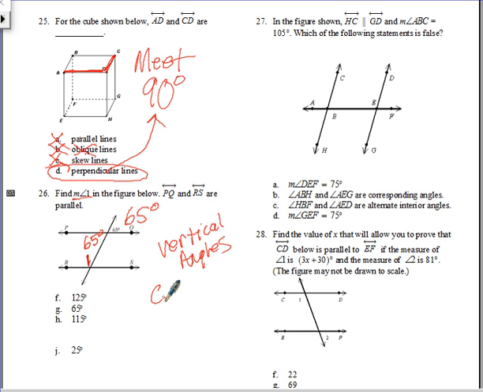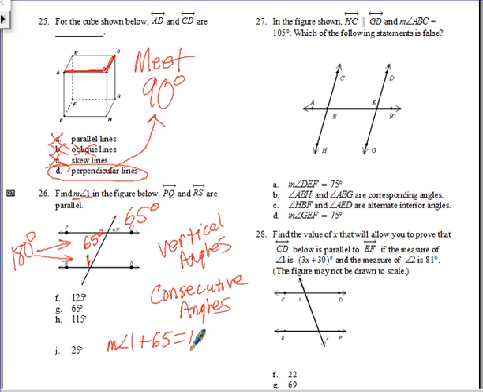And then we have consecutive interior angles, so we know that this and this have to be 180 degrees. So I have the measure of angle 1 plus 65 is equal to 180. Once I subtract 65 from both sides, the measure of angle 1 is equal to 115.